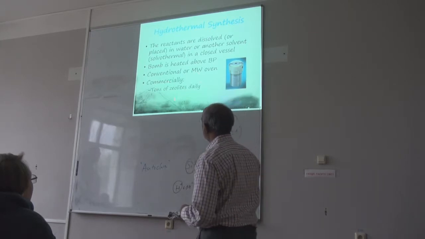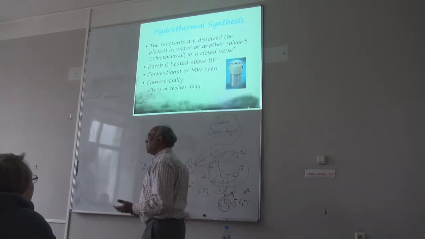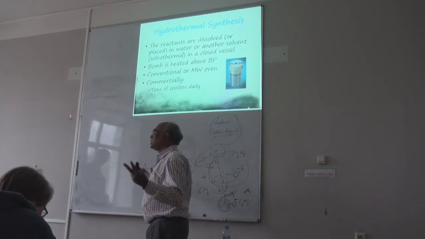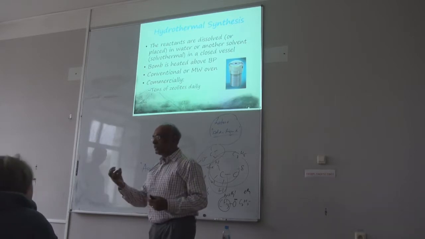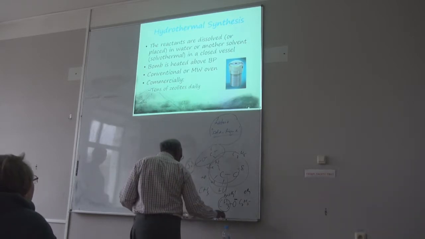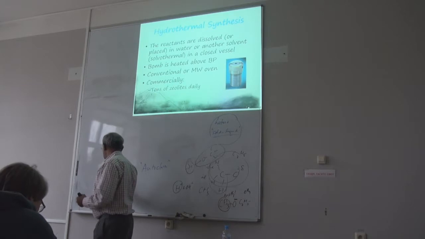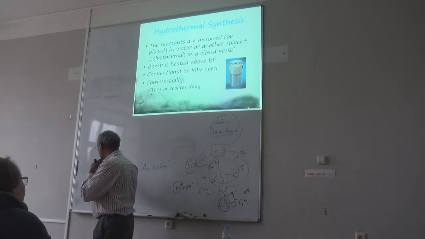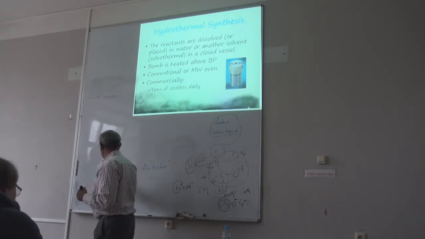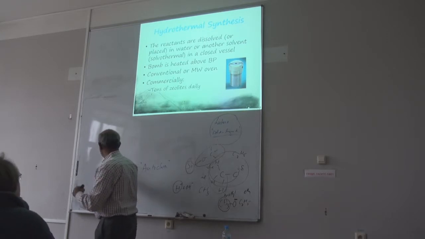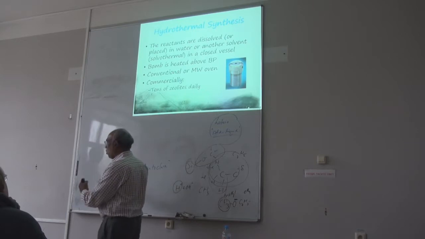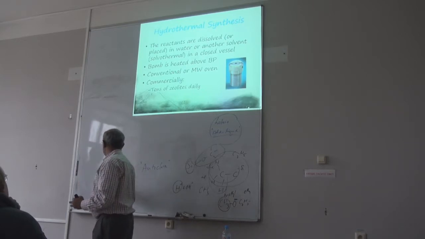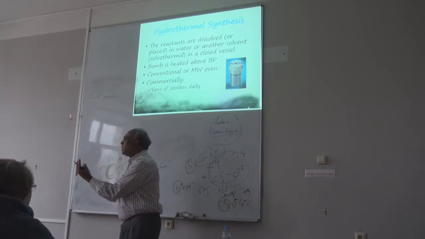So this is how zeolites are made in large quantities. Zeolite is some oxide that has a cage structure. They have some middle pore structure, and in the middle you have a large open pore.